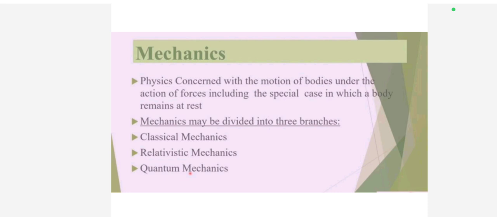The particle aspect of radiation means matter behaves like a particle, and the wave aspect of radiation means matter behaves like a wave as well as like particles.